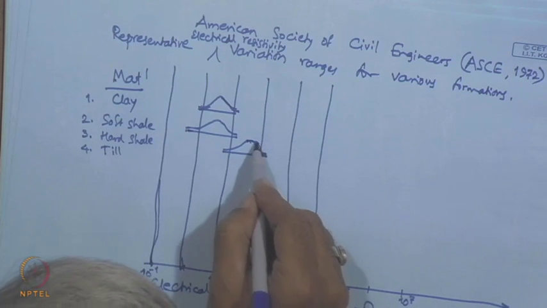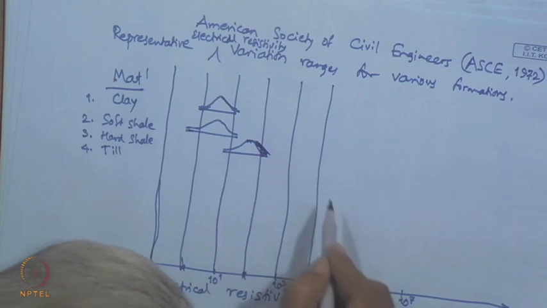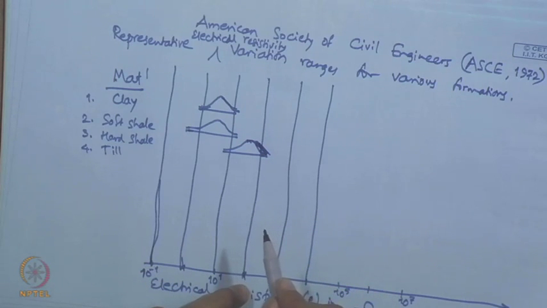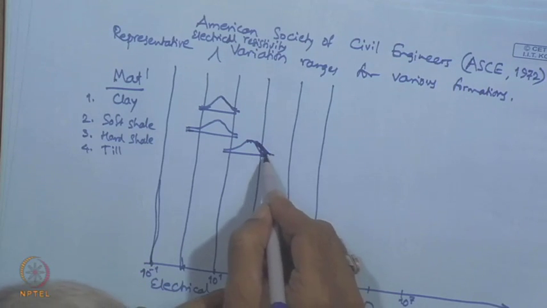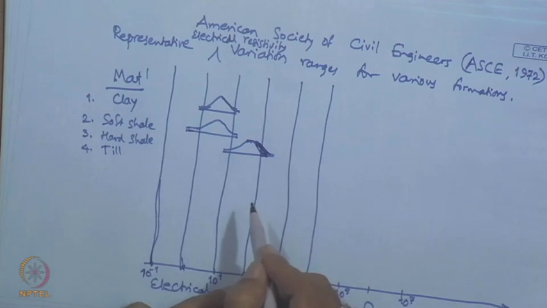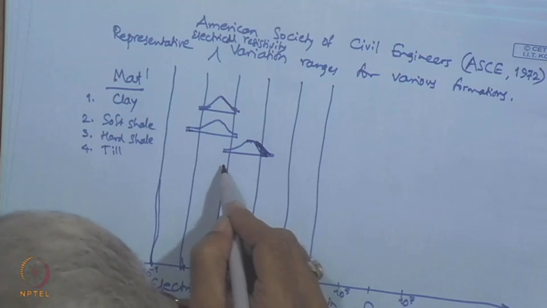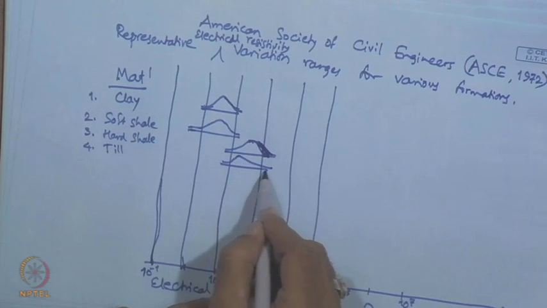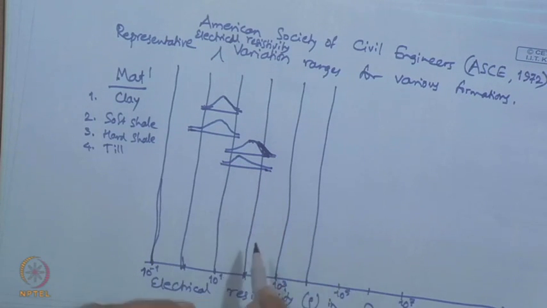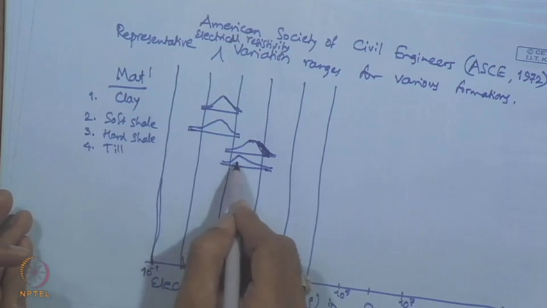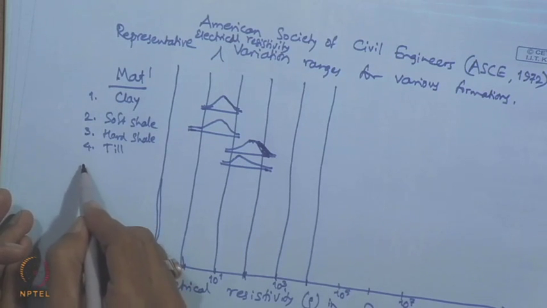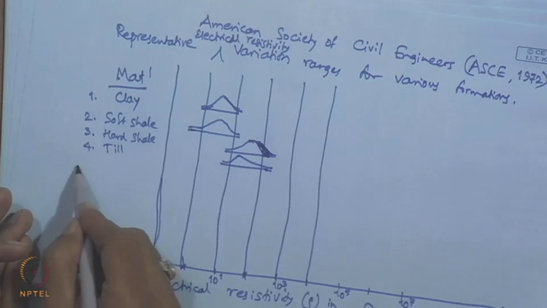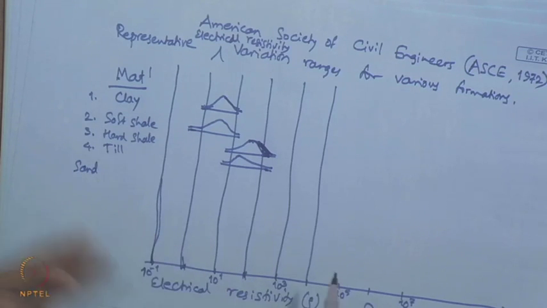In the case of hard clay, it will show around 10 to the power 2, and till will show a variation skewed to the left, followed by sand.